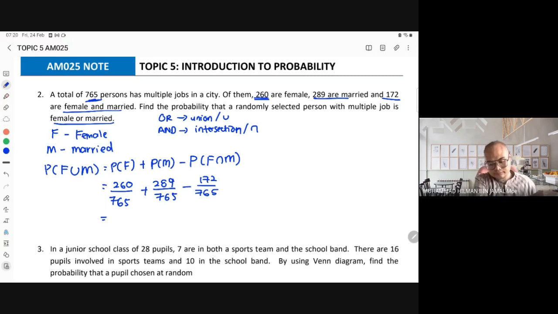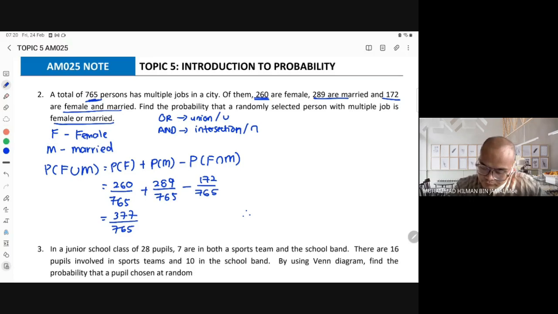Okay, so kita akan dapat jawapan dia 377 over 765.